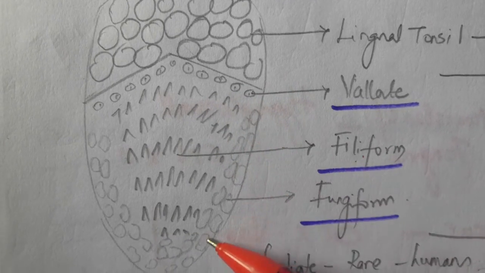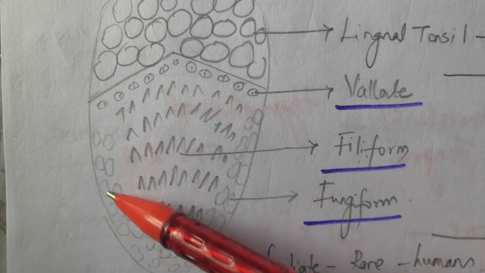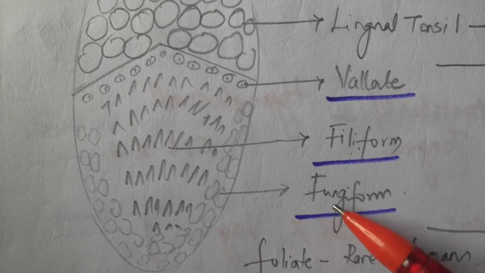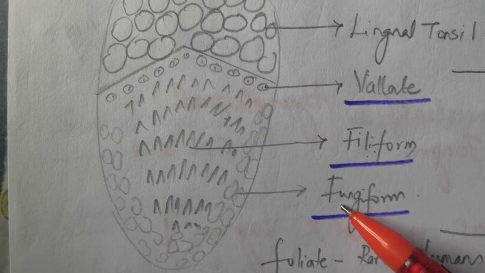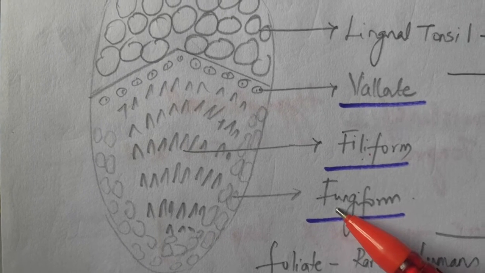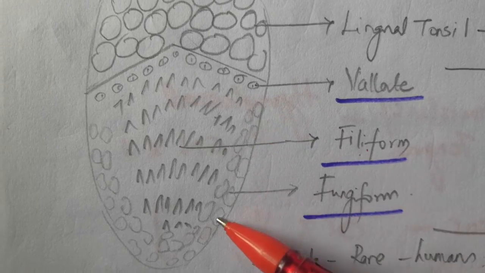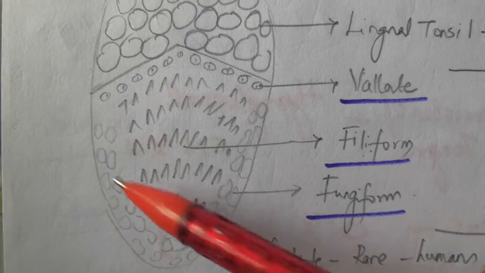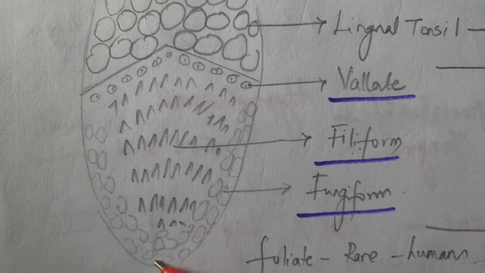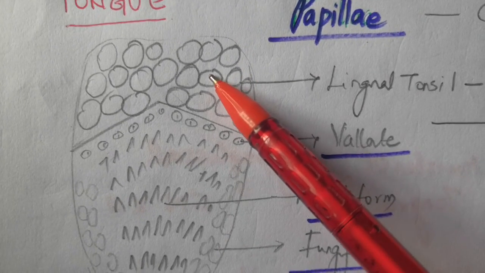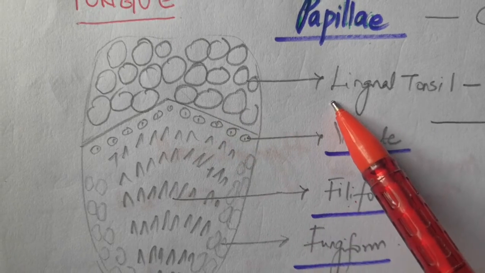But in the lateral aspect and the apex of the tongue, you have mushroom shaped papillae called fungiform papillae. Fungiform means mushroom shape, fungus like. So they are present in the lateral borders and the tip of the tongue. Coming to the posterior 1/3, it has a lingual tonsil.